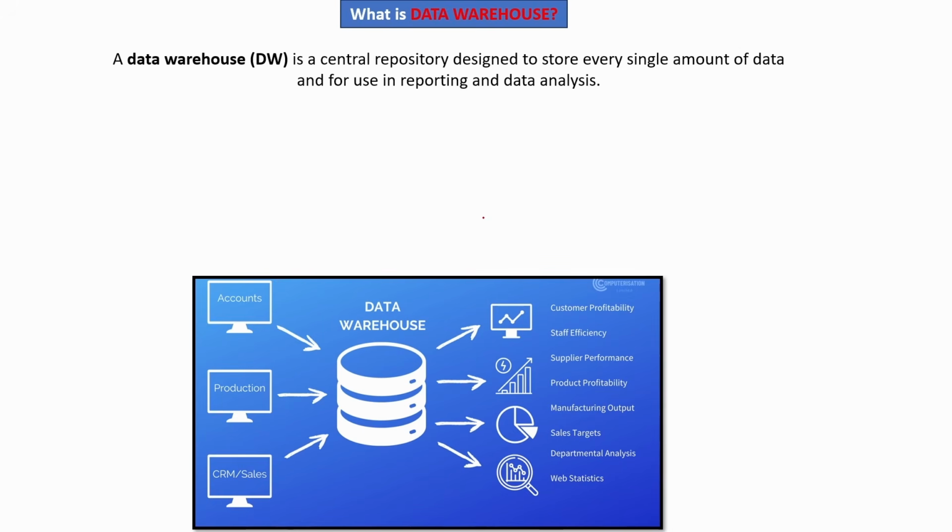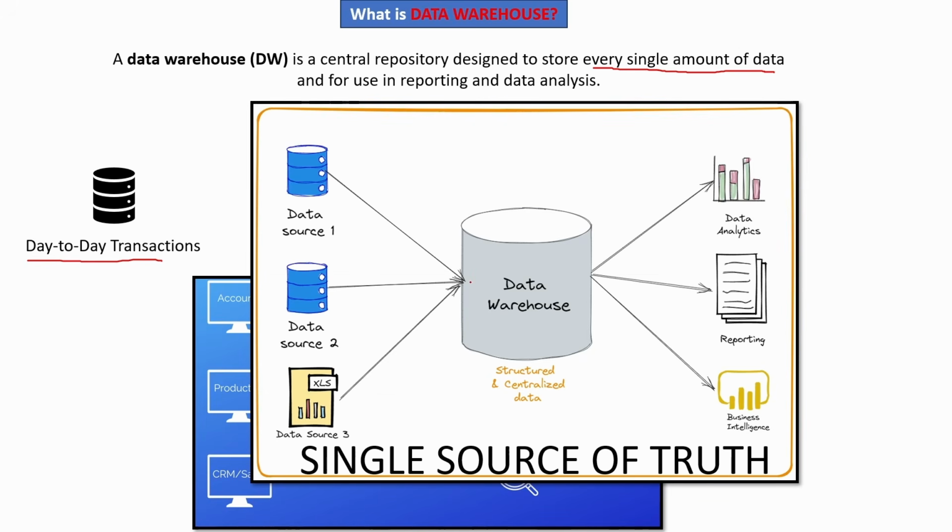A data warehouse is a central repository designed to store every single amount of data. Okay, every single amount of data is stored in the data warehouse, and it is used for reporting and data analysis purposes. Unlike the standard databases that only handle your day-to-day transactions, a data warehouse acts as a single source of truth for business intelligence or reporting.